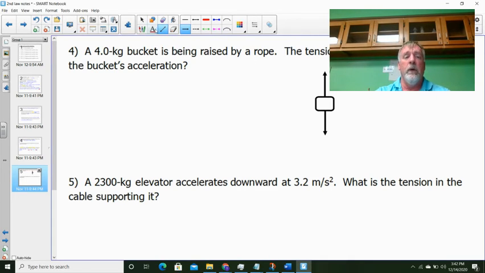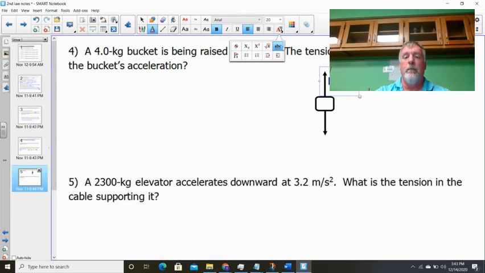So let's go ahead and put in our values. So I'm going to put F, and then let's make this a little t. What's our tensional force? It's going to be 21 newtons up. How about a gravitational force?